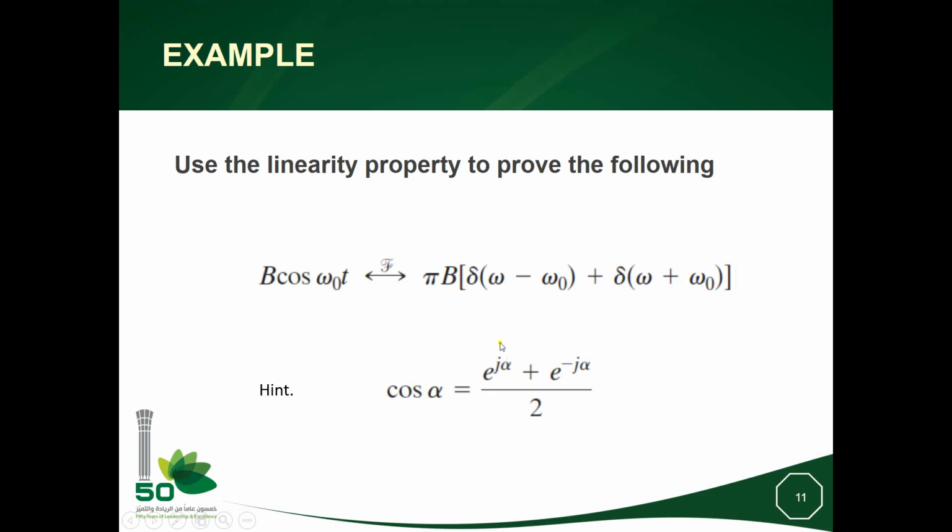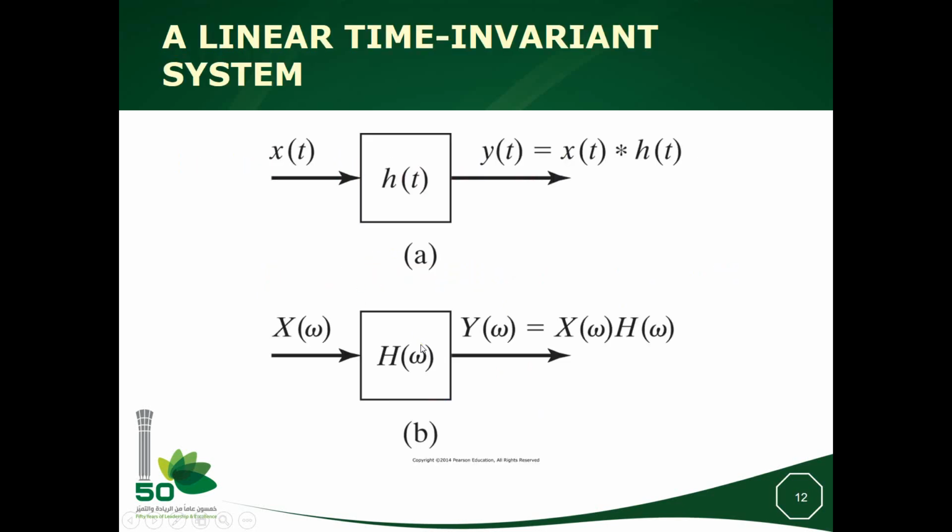So I will compute b over 2 exponential j omega 0 t, and then the Fourier transform of b over 2 exponential minus j omega 0 t, and then sum them using the linearity property of the Fourier transform to get the results, which is shown here as the Fourier transform pair.